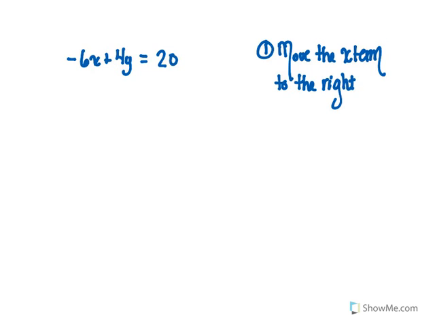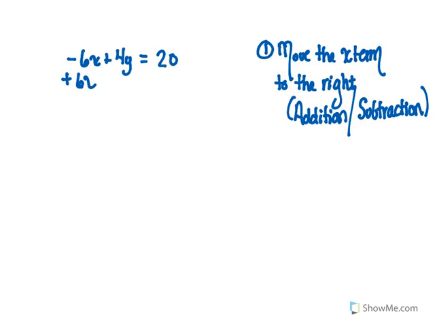Okay, and I'm doing that by either using addition or subtraction. Now this 6x is negative, right? Because I look to the left of that number. So what I'm going to do is add 6x to both sides of the equation. Once again, these are not like terms, so I get 4y is equal to a positive 6x plus 20.